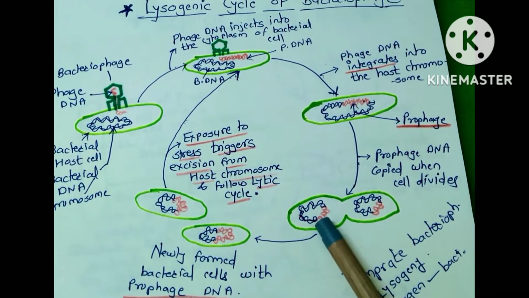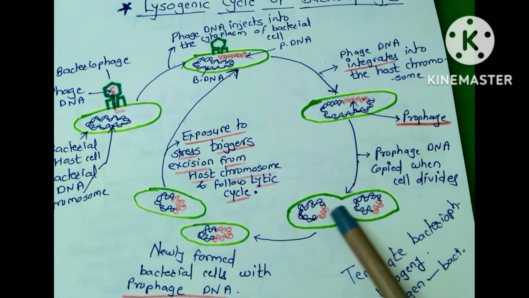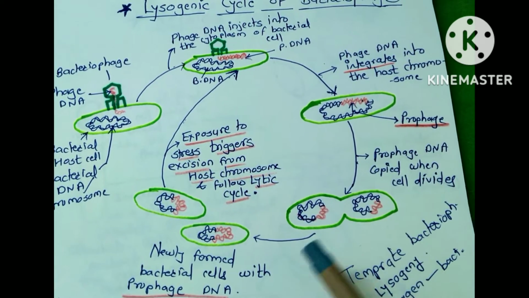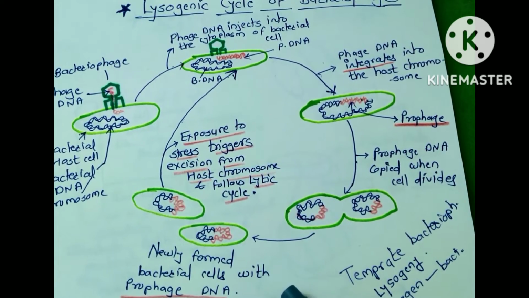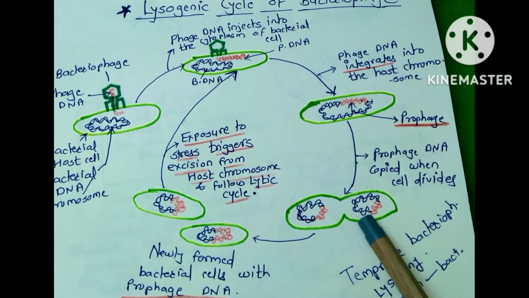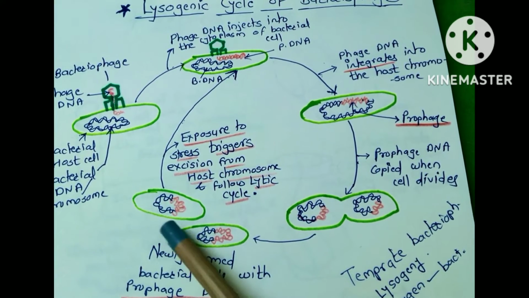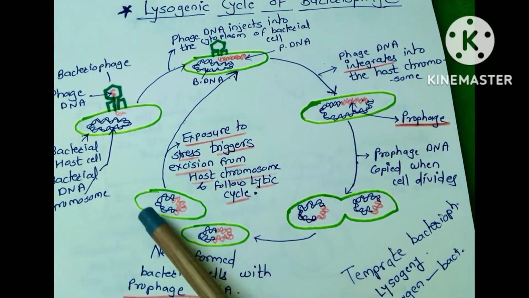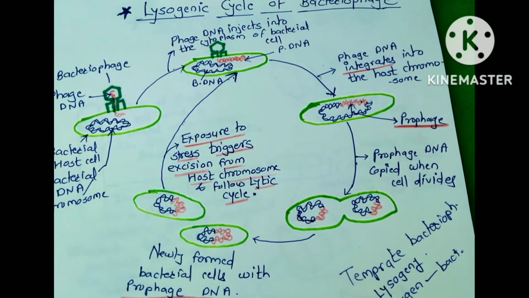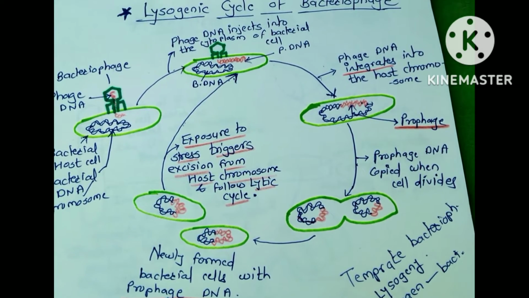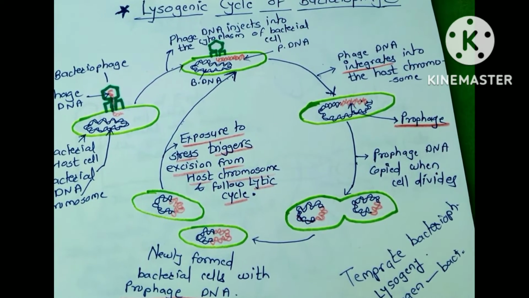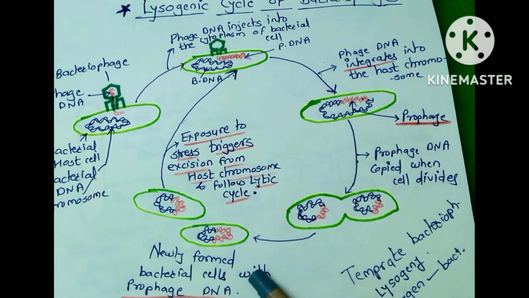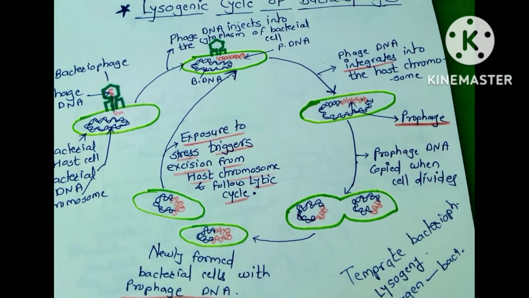Here we can see the newly formed bacterial cells possess the phage genome as it is. Thus, indirectly, multiple copies of the phage are formed as the bacterial cell divides, and this can continue for many generations, right? Here we can see newly formed bacterial cells with prophage DNA as it is.